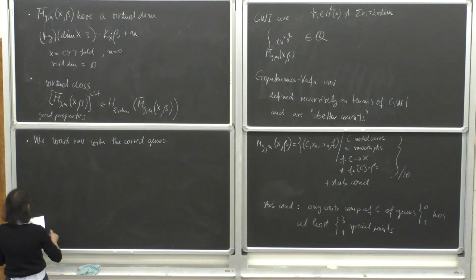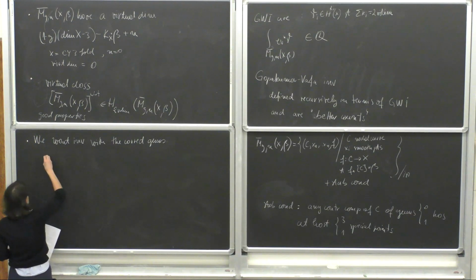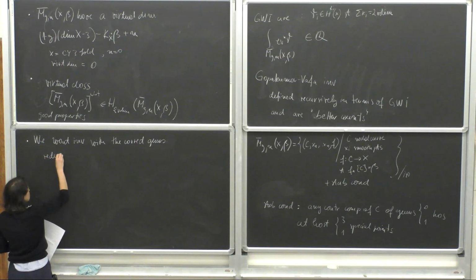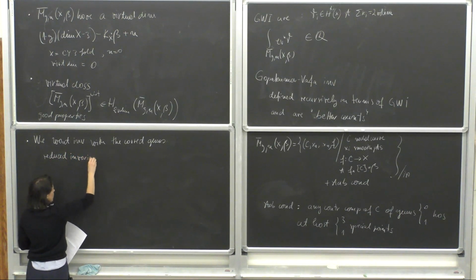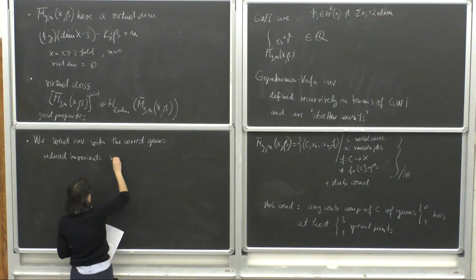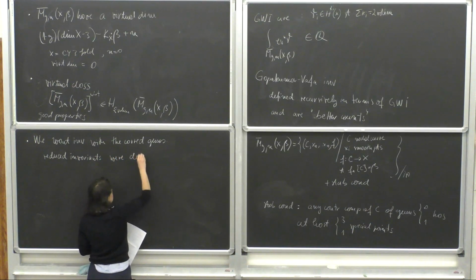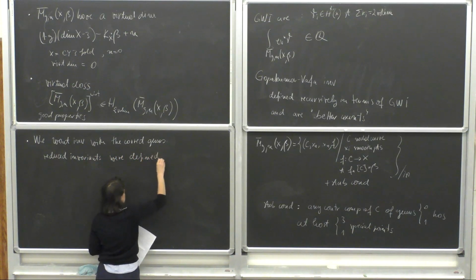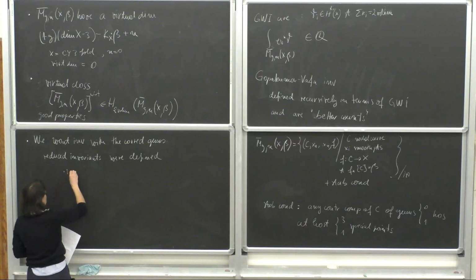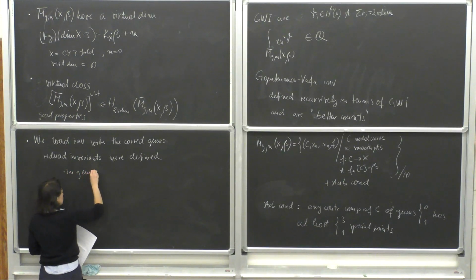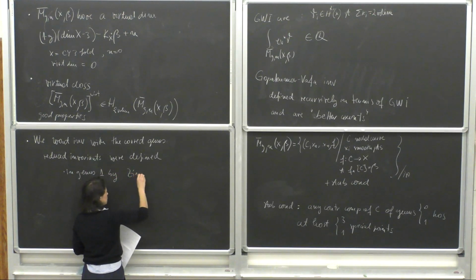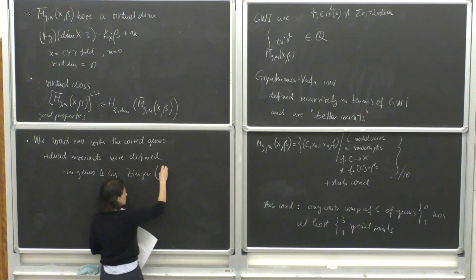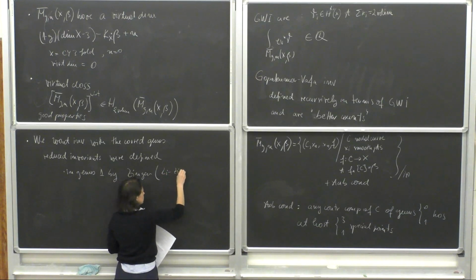So, okay. So these were reduced invariants, defined in genus 1 by Zinger. There are many papers.